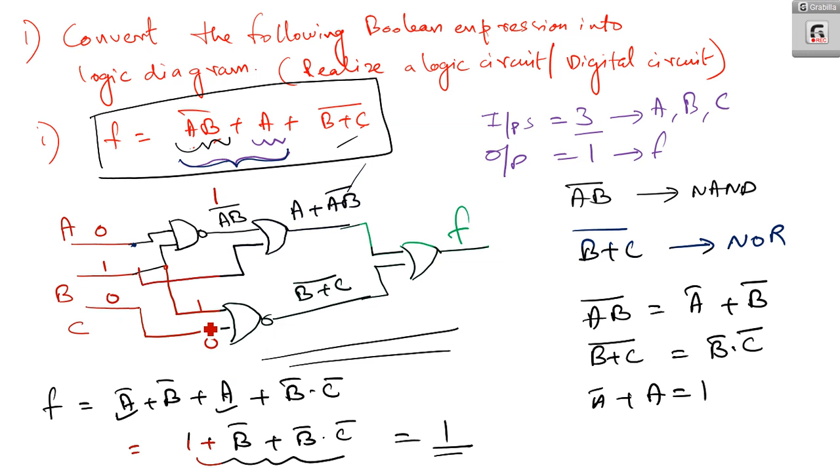So what is B or C? 1 or 0 is 1. 1 bar is 0. Okay. And here you have 1. Now, next one is A or A B bar, that is 1 or 1. What is 1 or 1? 1 or 1 is 1. Now this F is 1 or 0.